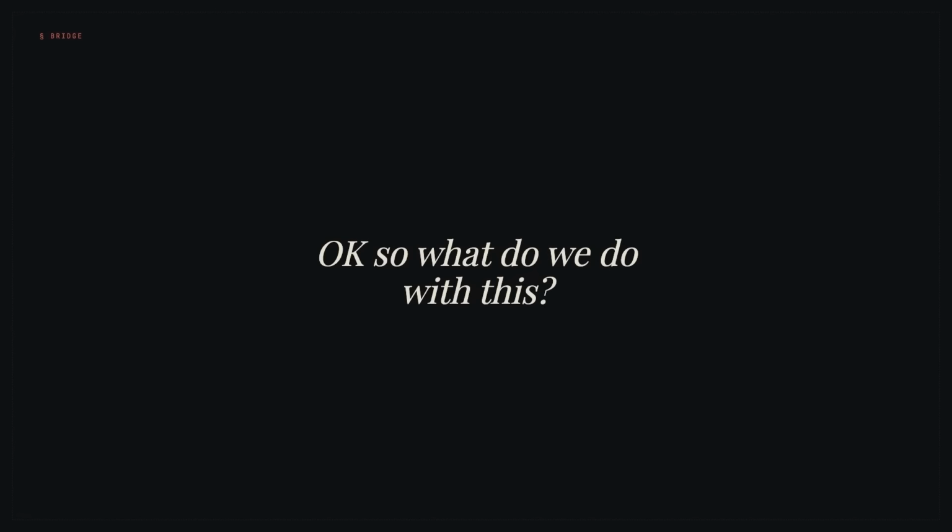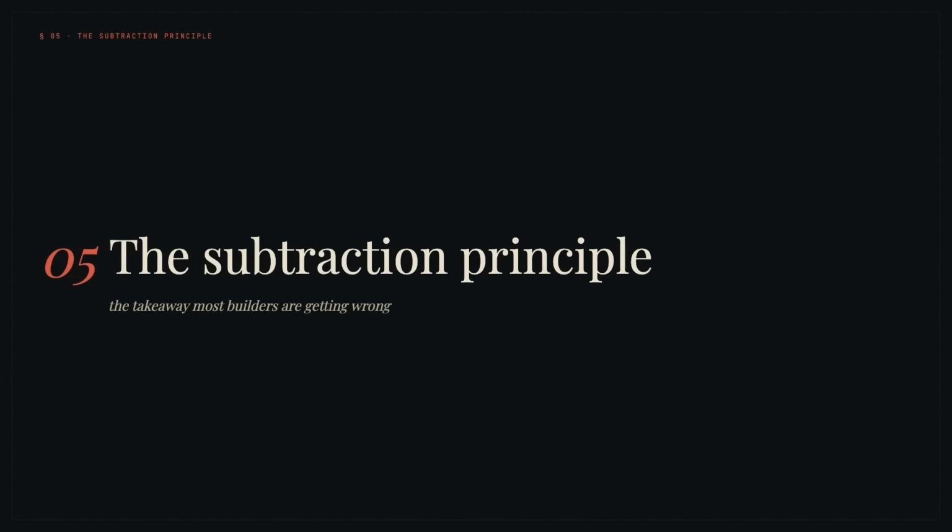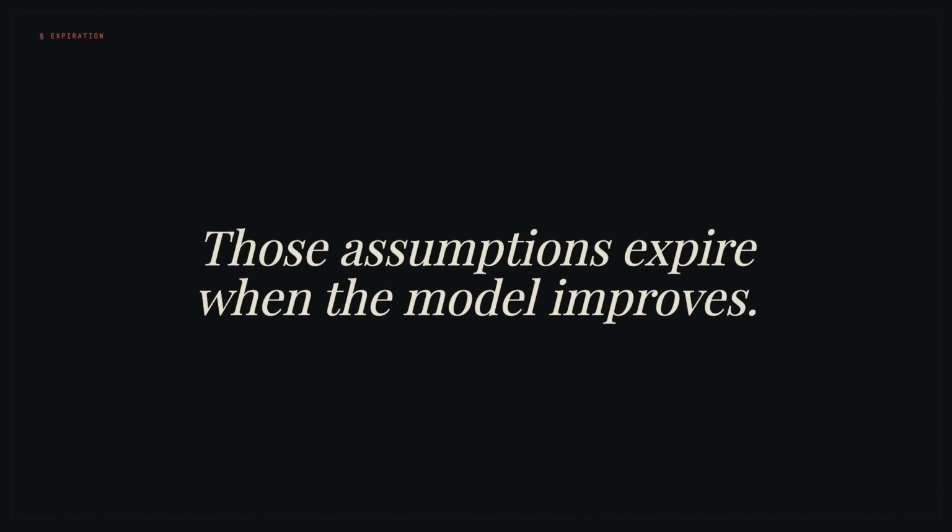Okay, so the most important practical takeaway from all of this, and the one I think most builders are getting wrong, is what Anthropic calls the subtraction principle. Every harness component, and remember in my last video we walked through 9 of them, encodes an assumption about what the model cannot do alone. And those assumptions expire when the models improve.